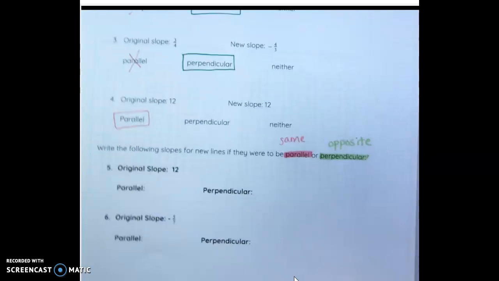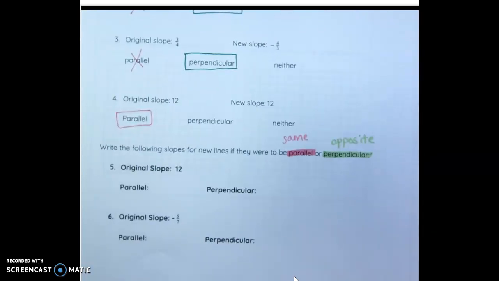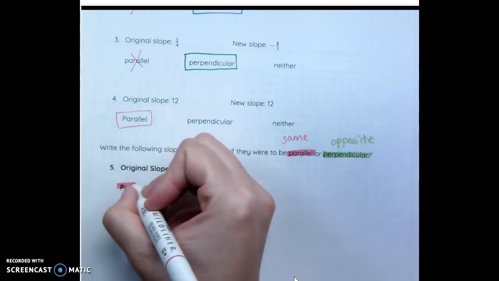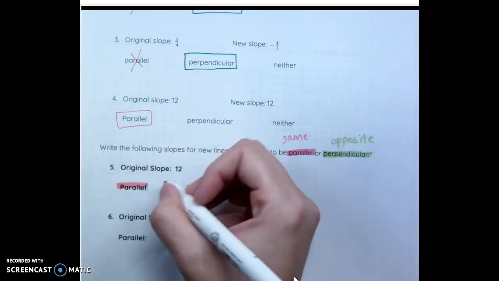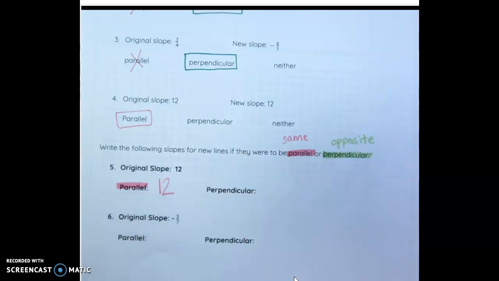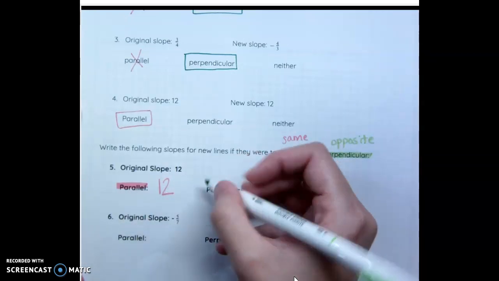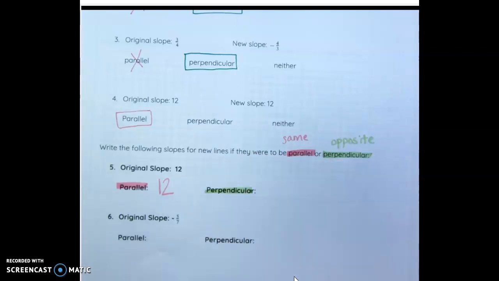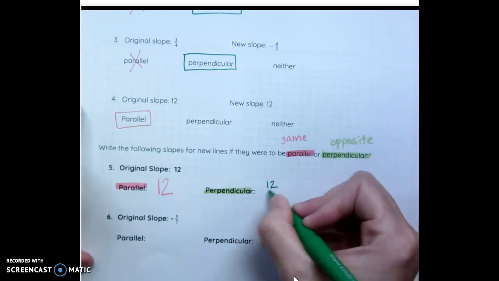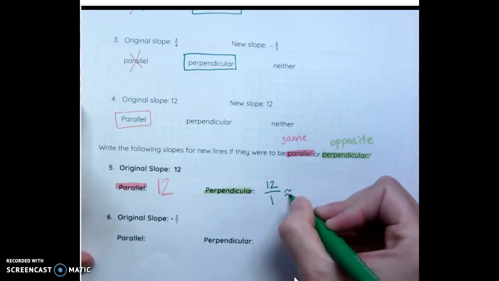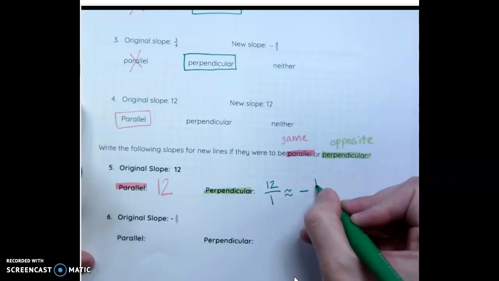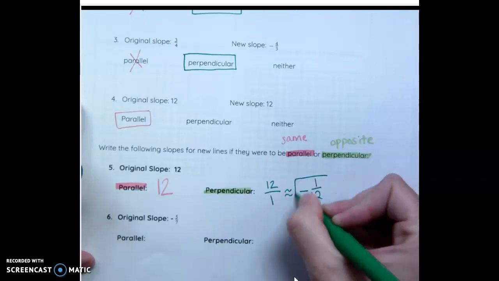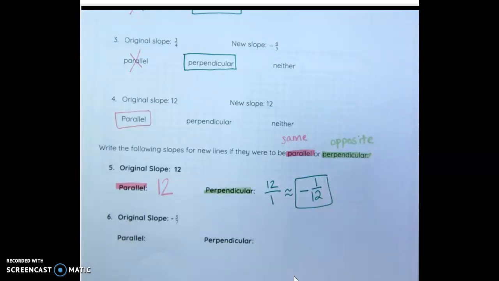Okay, so if my original slope is 12, my same slope, my parallel slope, is also going to be 12. What's my perpendicular slope going to be? What's the opposite of 12/1? Negative 1/12. That is your perpendicular slope.